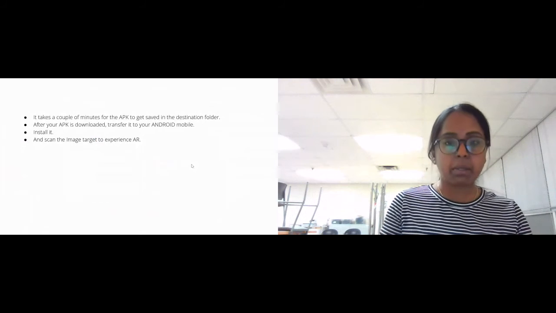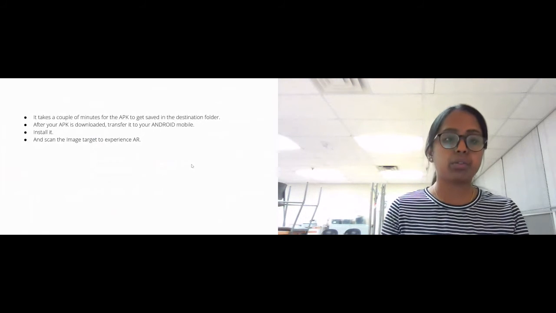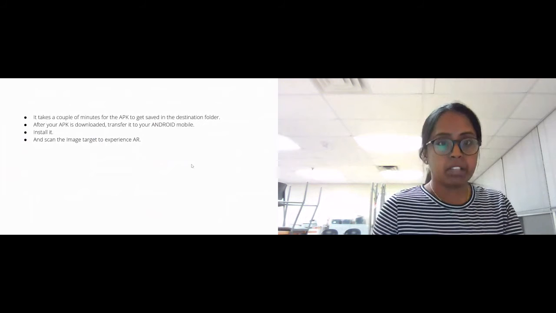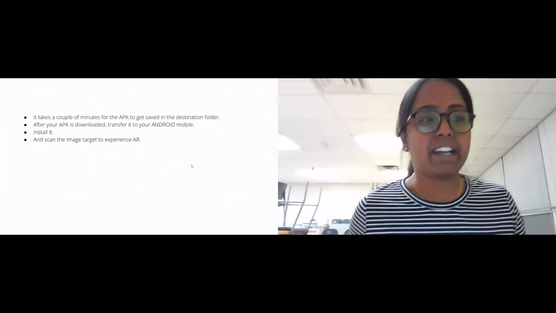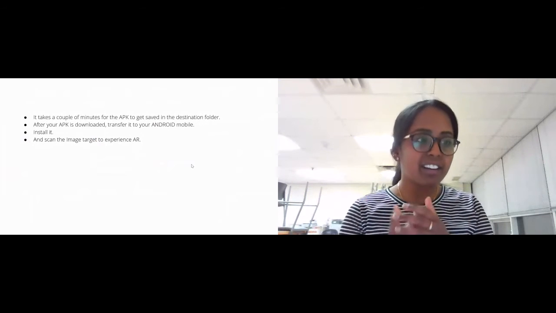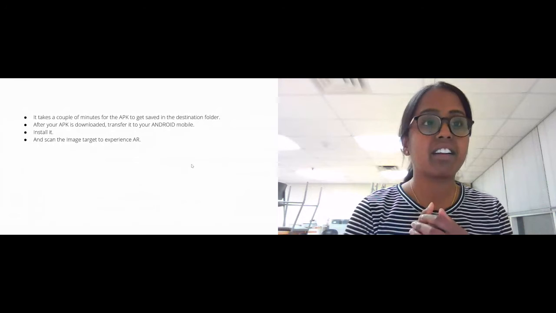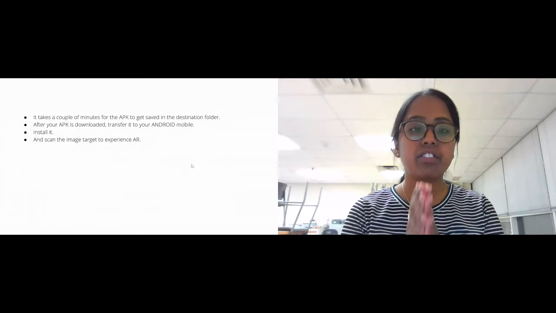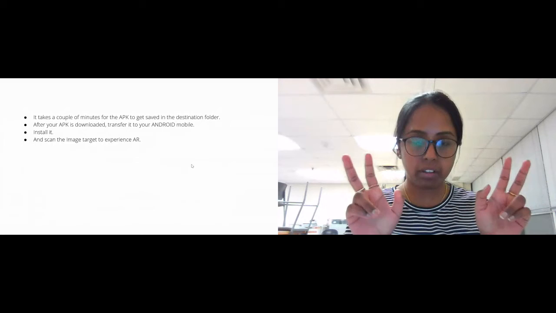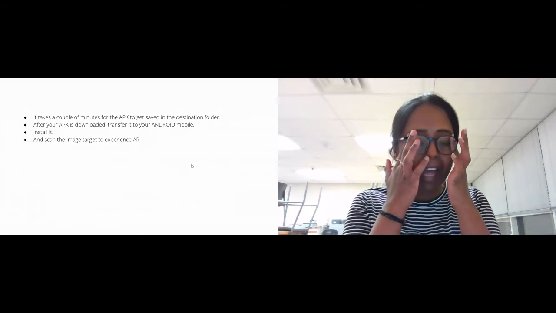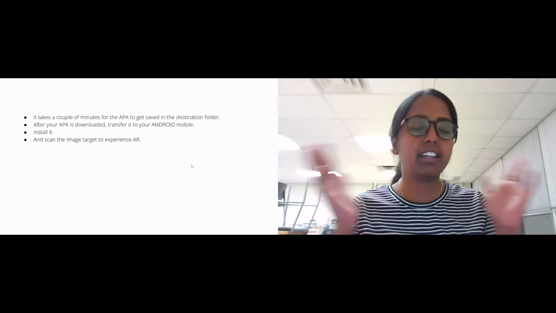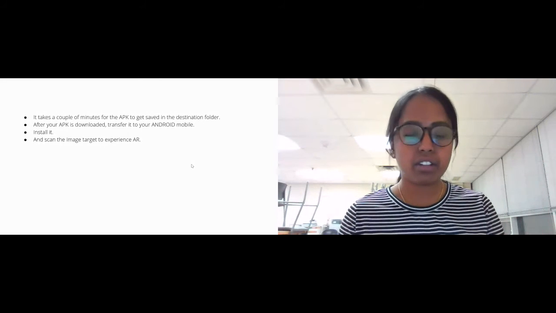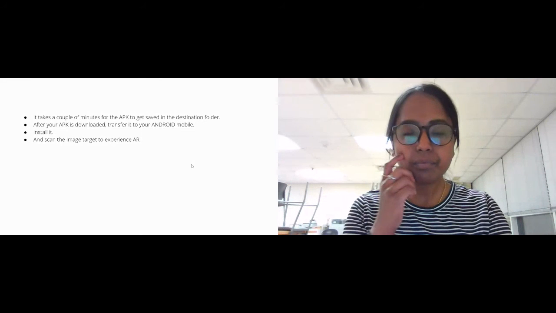Once you see your APK is downloaded, transfer it to your Android mobile. Of course, install it, open the application and scan your image target. The image target is the one which you have given in the Vuforia account. So scan that. You'll see the 3D image or the text or the video, whichever you have put in while developing.